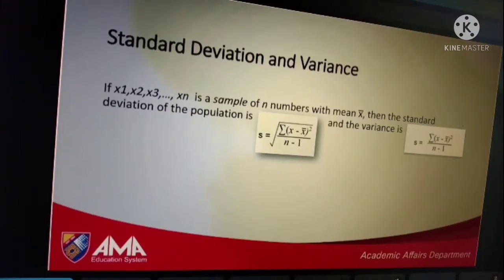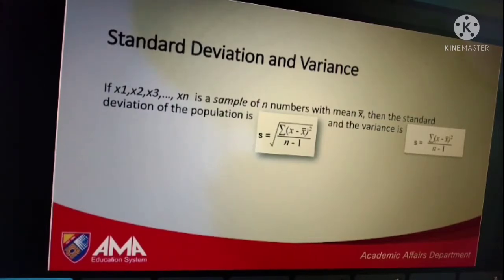Pag sinabing population, the total number of the respondents involved, or dito naman sa isa, sample naman kung ilan lang yung gusto mong i-involve in your study. Kung 50 lang, kung 100 lang, so yun, sample ang tawag yun. 100 out of 350.